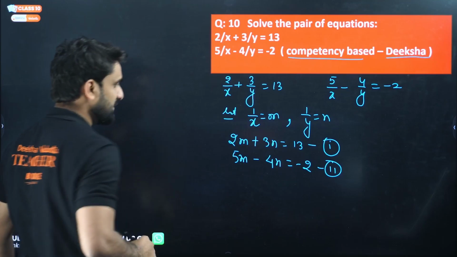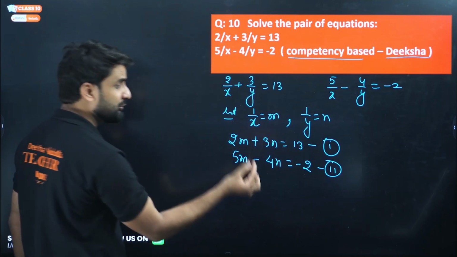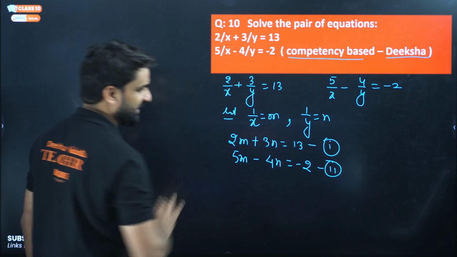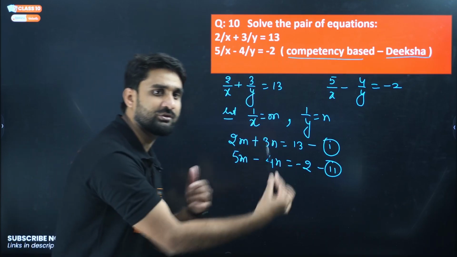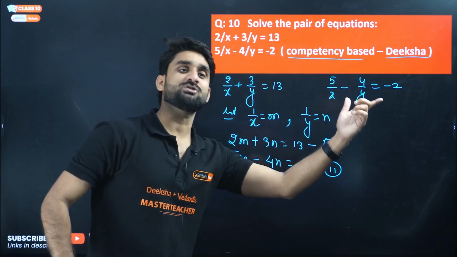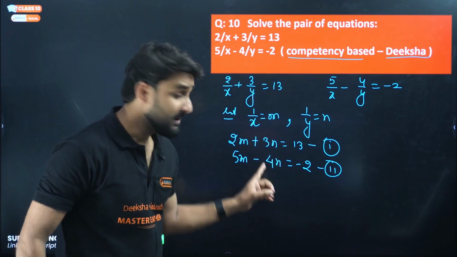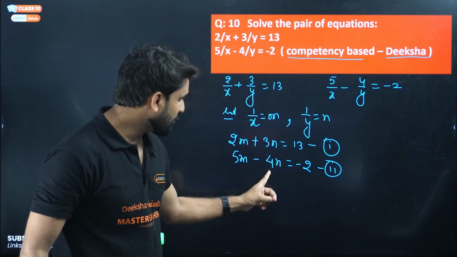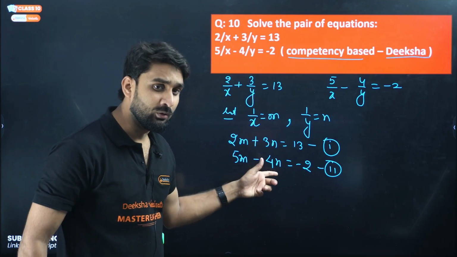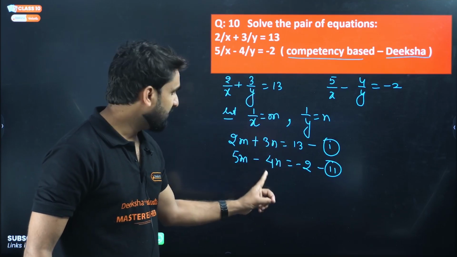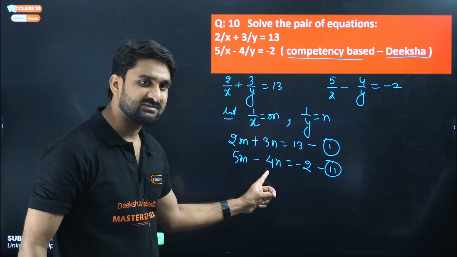Now how can we solve this? Look, I've already told you the trick. This n term is in positive form and this n term is in negative form. So what can we apply? We can add both equations. But before adding, to eliminate the n terms, the coefficients must be equal to each other. But here the coefficient is 3 and here it is 4. So what do we need to do? We have to multiply this equation by 4 to make this number 12, and multiply this equation by 3 to make this number 12.